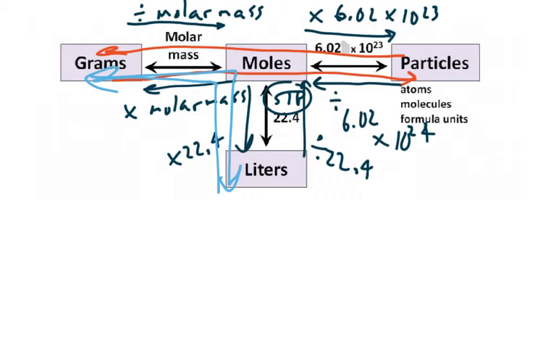Okay, and we did also see a two-step problem where we're going from volume to particles or from particles back to volume. So we got to see pretty much all the different types of problems, whether it be a one-step or a two-step problem. But this flow chart should be very useful. It should be a roadmap to help guide you how to go from one step to the other.